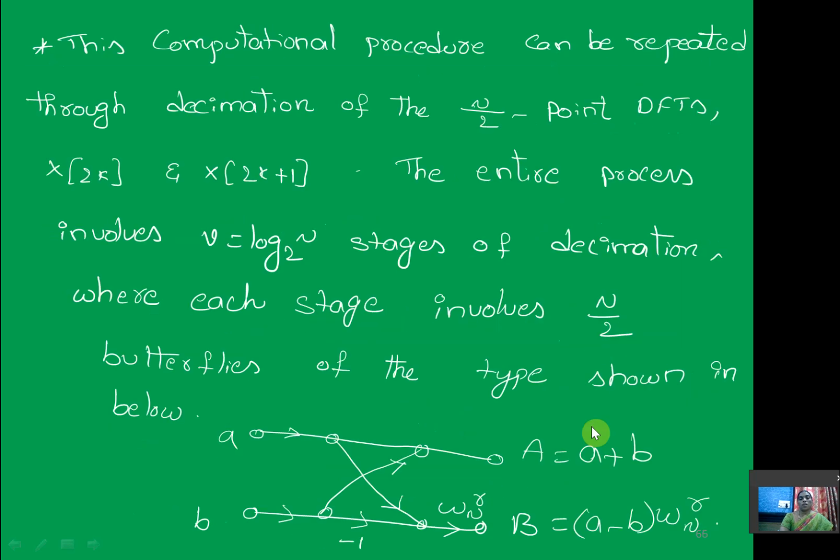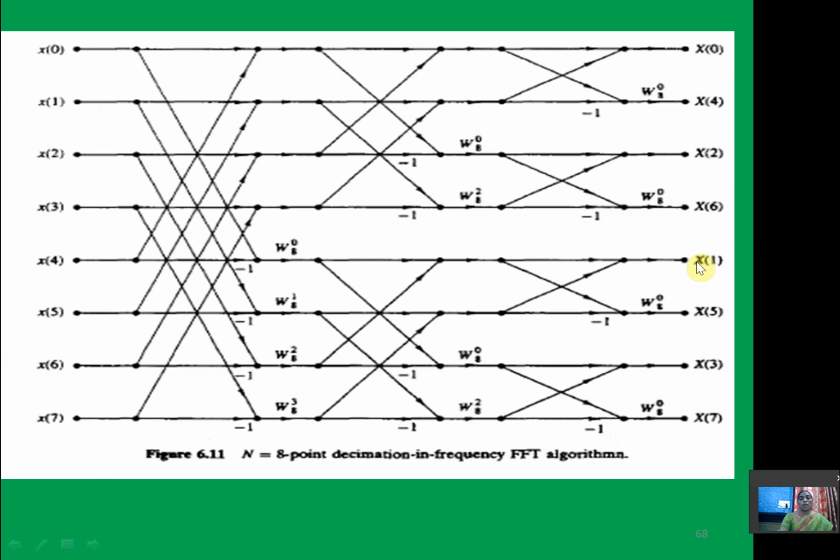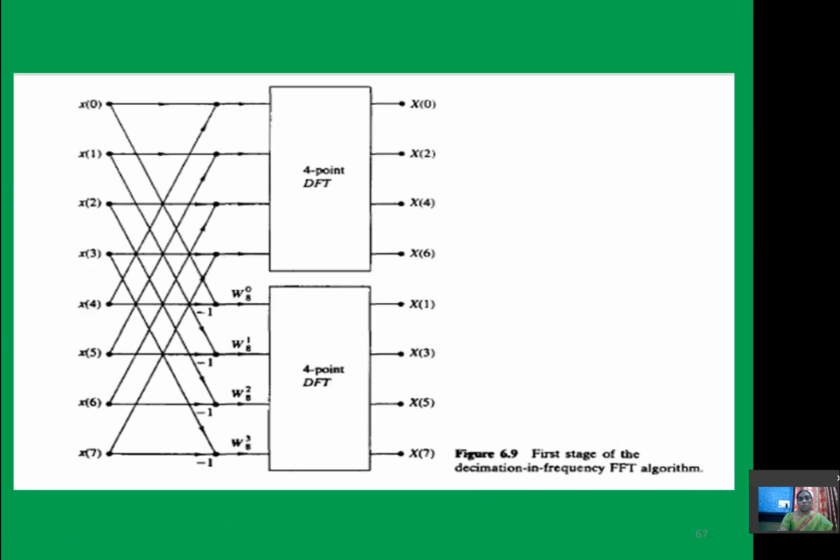In this way you can develop it. Then just repeat the procedure: again take X of 2k and X of 2k plus 1 and decimate again into two different DFTs, one an N by 4-point DFT and another an N by 4-point DFT.